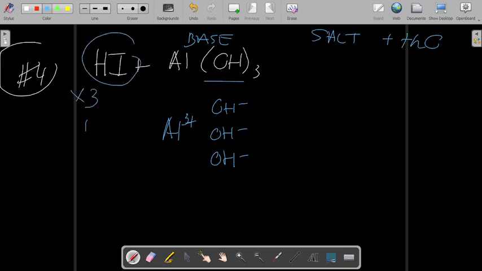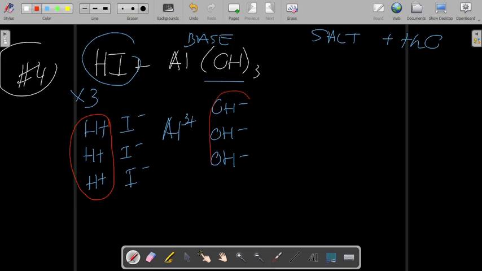Well, what do you have then? 3 protons, and you also are left with 3 iodine ions. Okay? So now we can combine my 3 protons with my 3 hydroxyls to make water. How many am I creating? I'm creating 3 waters. Well, now the water is created. Now I have to create the salt. The salt has the metal first.